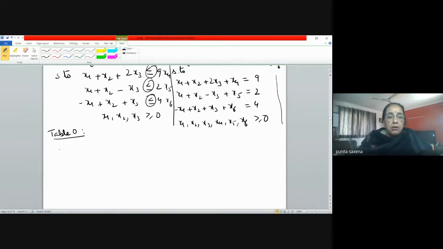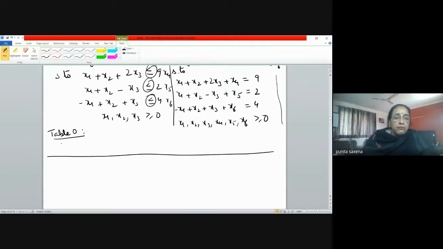Okay. Now just see what all I am going to write and how I am going to write. The very first column will mention my XBs, my basic variables, which we'll choose, right? Then we'll write our CBs, the corresponding coefficients of the basic variables in the objective function.